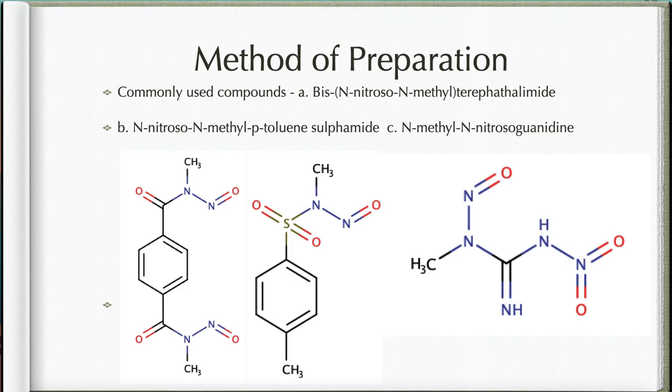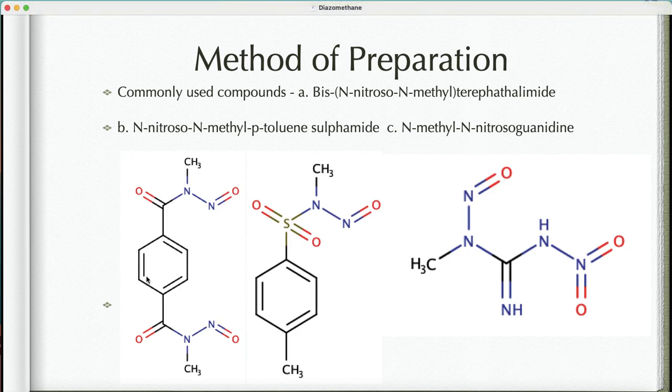Commonly used compounds for diazomethane preparation are: bis N-nitroso N-methyl terephthalamide, this is one compound. Another compound is N-nitroso N-methyl para-toluene sulfonamide. The third compound is N-methyl N-nitroso guanidine.